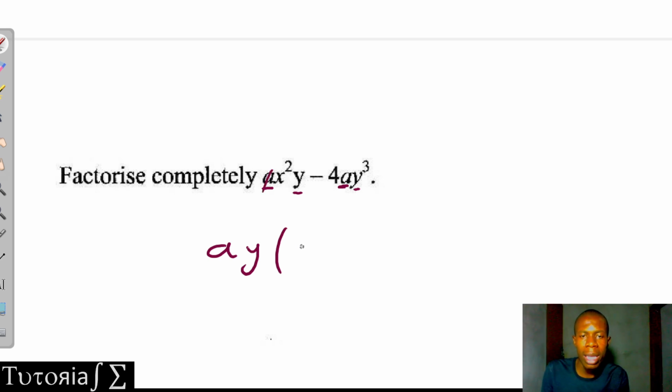What you remain with there is x squared, the y is out, then minus 4, the a is out, and on the y it's only one of the y's that has gone out, so we have y to the power 2. Okay, the idea here is that when you distribute, it will give you back this, so a times that, it will be a x y squared minus this a y to the power 3.